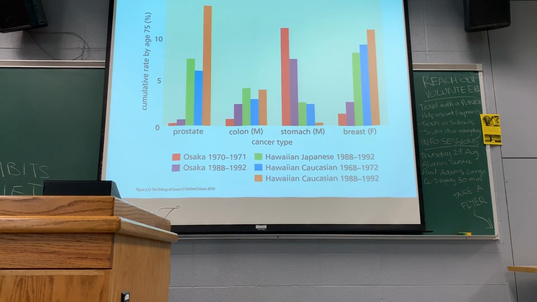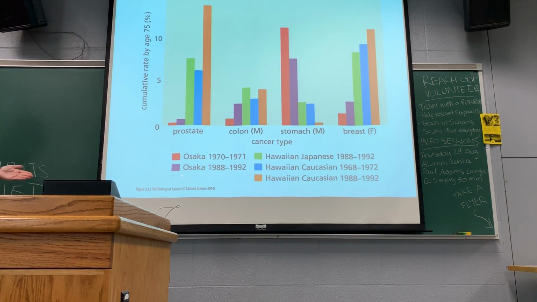So then they took this third population. What about people that had moved previously from Japan to Hawaii? If you look at that group, that's the green group, that's kind of in the middle there. That's 7.5%. This is intriguing. This suggests a couple of things, including that there's an impact beyond just genetics, right?